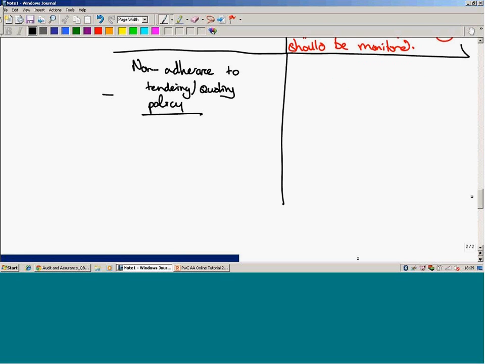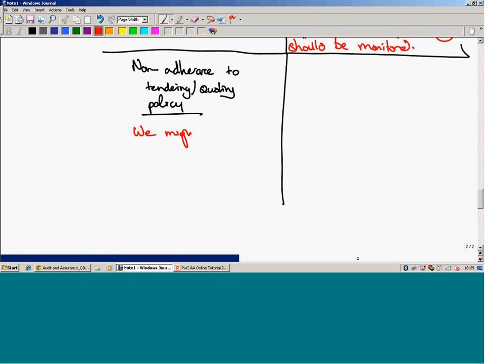Financial cost to the business in that context. If I'm going to this, and for expenditure, then good. Overpaying for the items of property, plant and equipment that I need for my business.